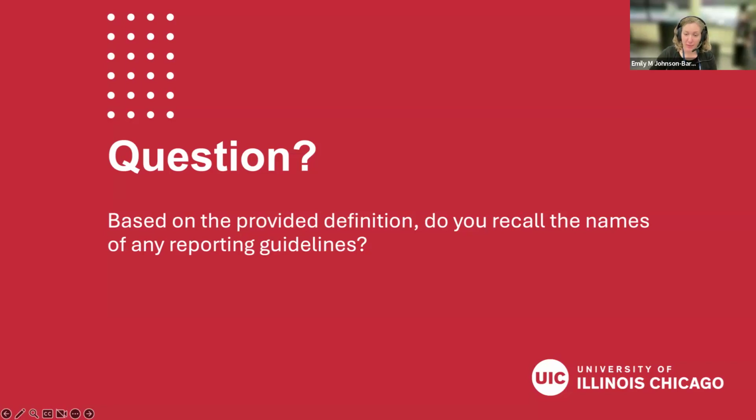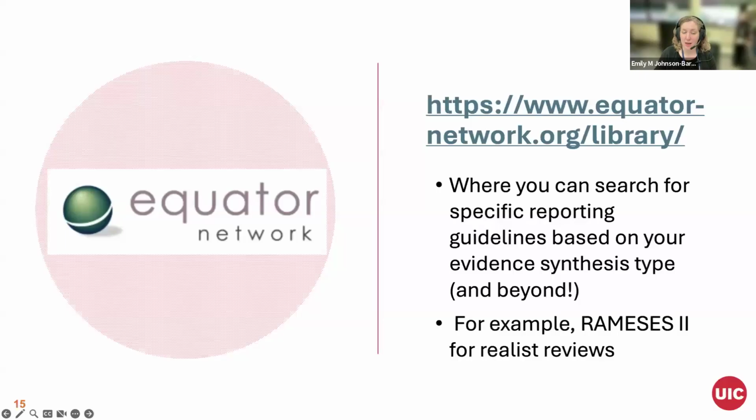I think we'll take a look to see if there's any others using the Equator Network. The Equator Network is a library of different types of reporting guidelines. It pulls together all of these different consensus groups and attempts to link out to those specific types of reporting guidelines that are available.